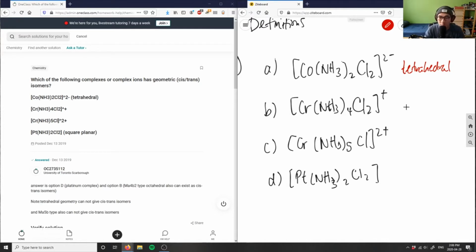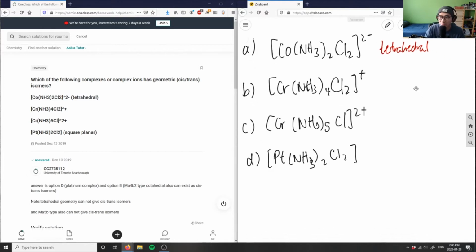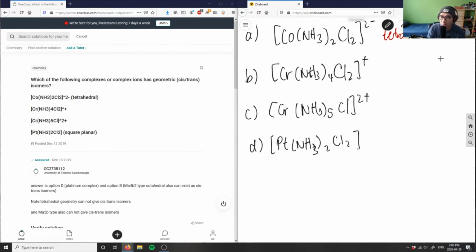This is a chromium as well. This one is bonded to 6. It has 6 bonds, right? So chromium here makes 6 bonds, 4 of them with ammonium and 2 of them with Cl2. Option B here is octahedral, right? Because if we were to draw this out in terms of VSEPR theory, we have Cr, and it's bonded to 1, 2, 3, 4, and then 5, 6.